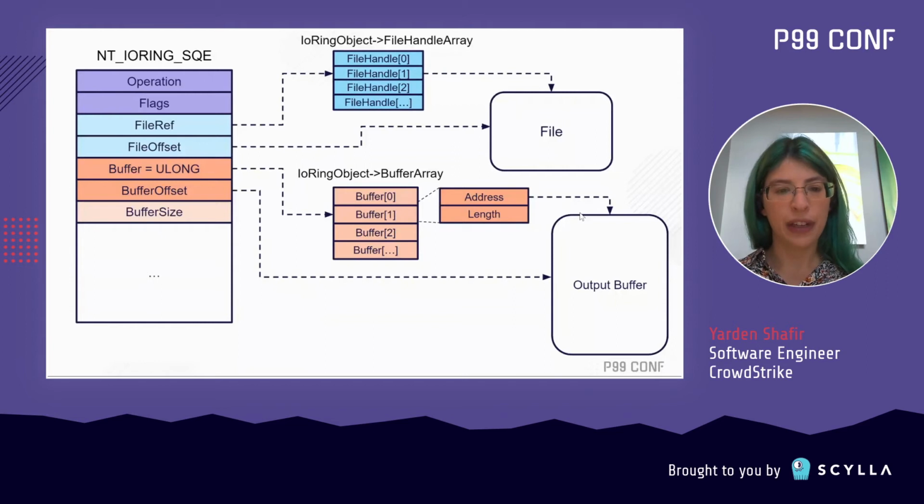The file ref can either be a file handle or an index. Then there's an offset to read inside the file. And then the buffer, which is again a union, which can be either a pointer to a buffer or an index, then a buffer offset and size to write into the data that was read from the file.